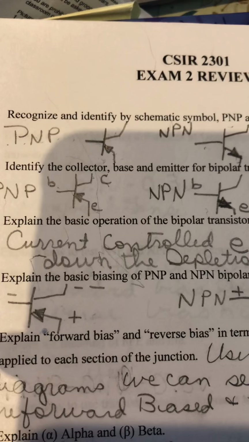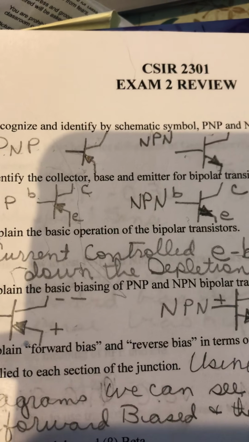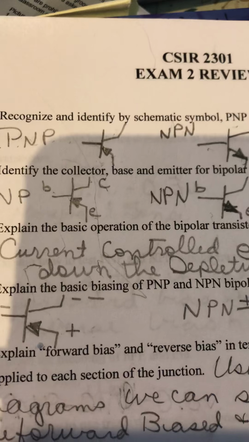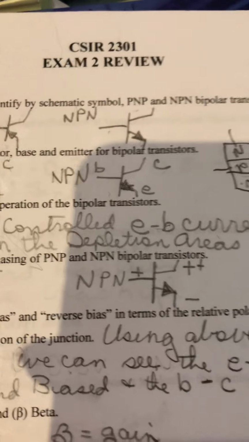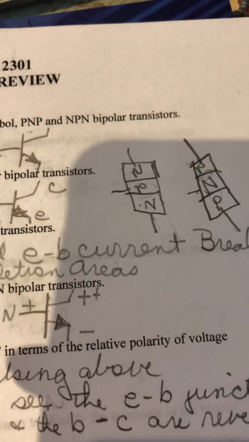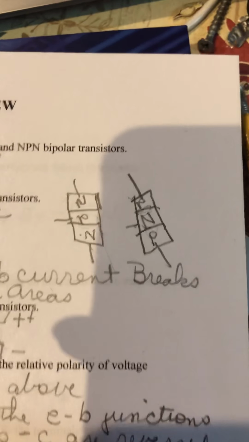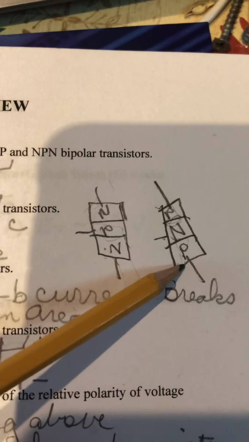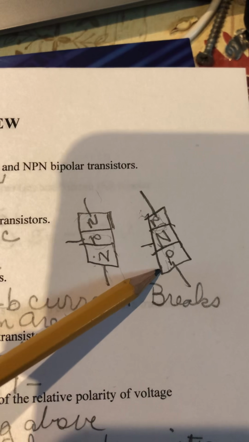If we explain the basic operation of the bipolar transistors, that's number 3, we know that it is current controlled. I'll ask you again, it is current controlled. It is the emitter current that breaks down that junction between the depletion areas. I've drawn these in the block diagram; I was trying to draw these earlier while recording, but it didn't work.